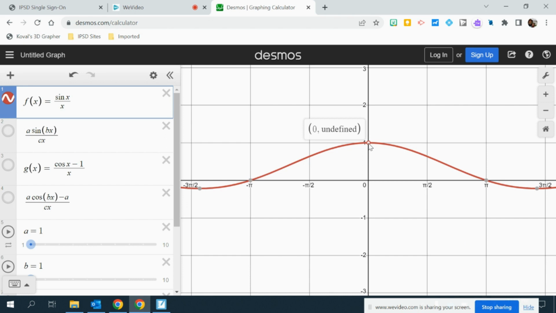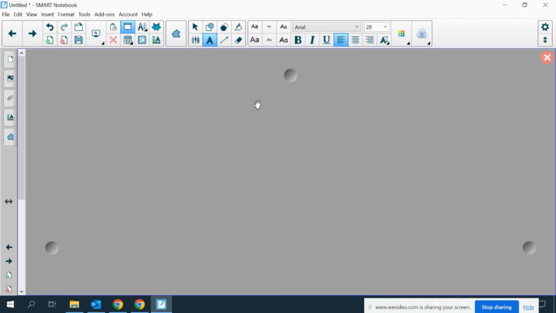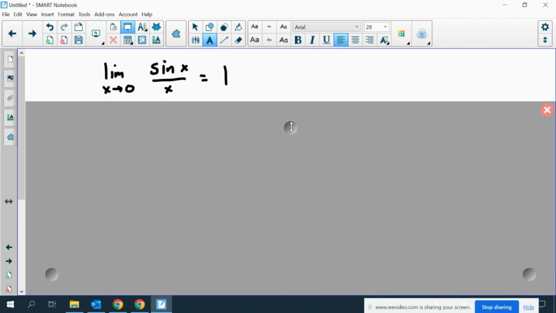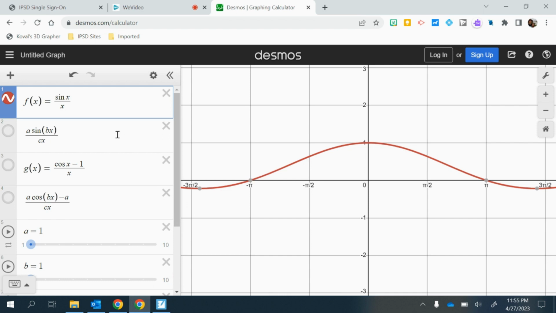But it looks like the value is really close to 1. That's just based on observation. So the limit as x approaches 0 of sine of x over x is 1. You're going to want to write that down and make sure that you're aware of that.